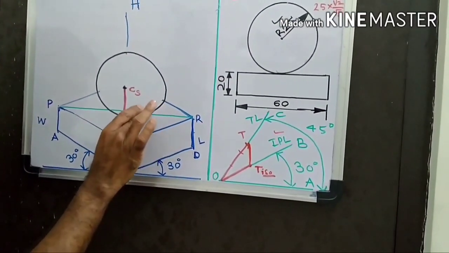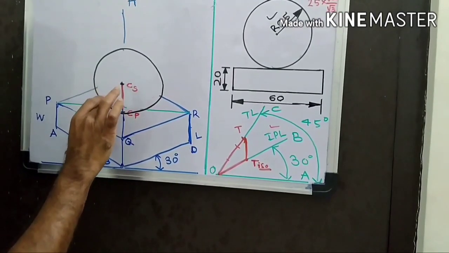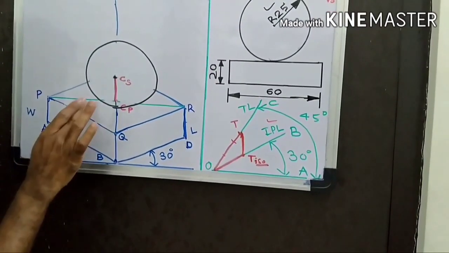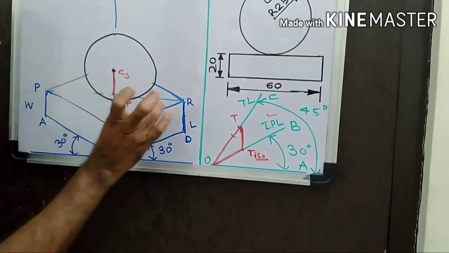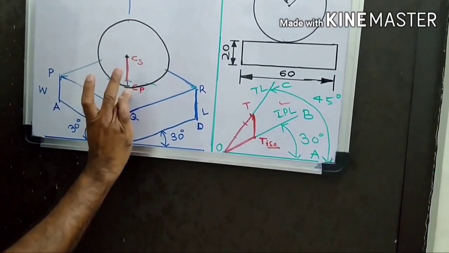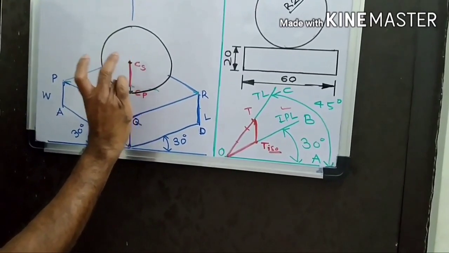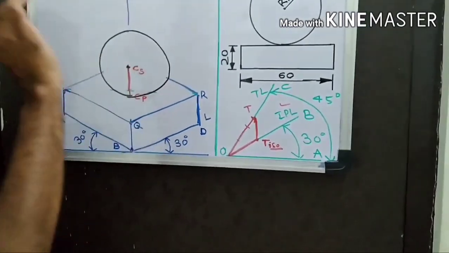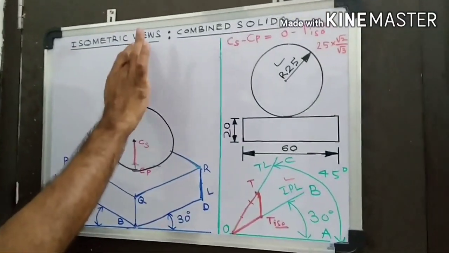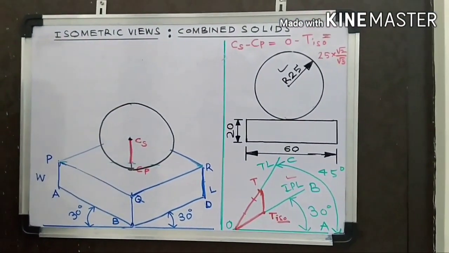Now this line inside I'm erasing. Otherwise, you have to keep it with 2H. Now I'm erasing this point also, this line. Got it? Now this is the isometric view of the combined solid.